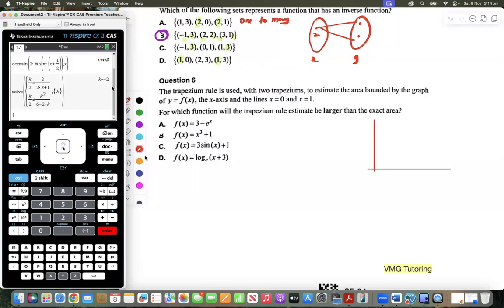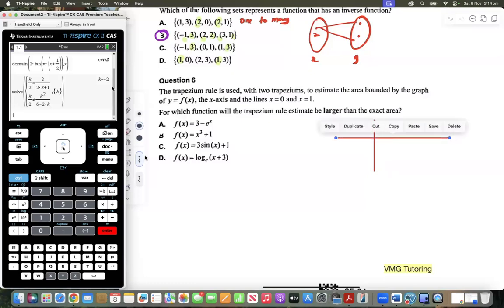So e to the power of x graph actually, minus e to the power of x graph, right? So that is minus e to the power of x graph actually. Looks like this. And you need to add 3 into it. So graph goes up. So your graph looks like this, I believe, right?